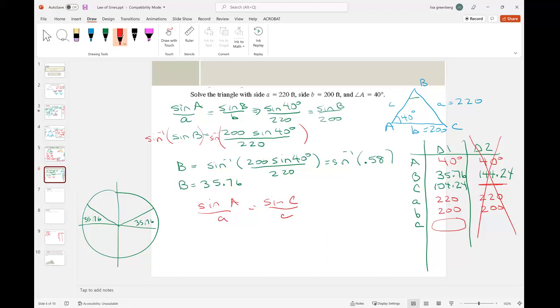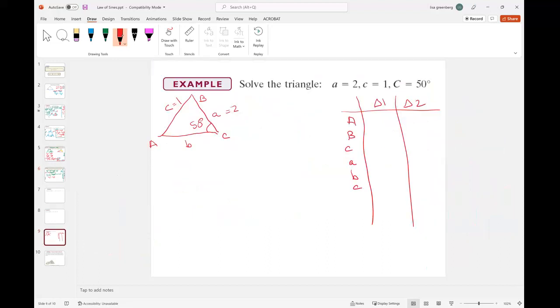If you don't keep yourself very organized with this, you won't know what you're doing, honestly. So the table just helps. And then again, I only know this is 50 degrees, and I know this is 1 and this is 2. That's again all I know, right?